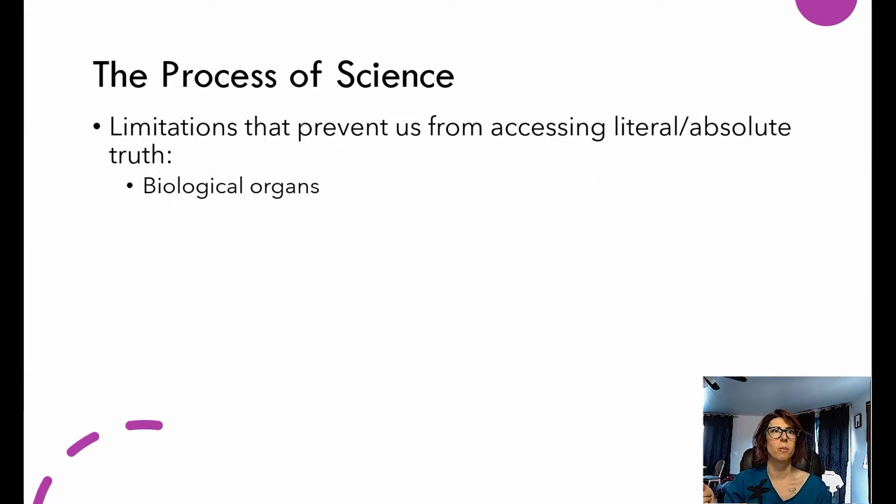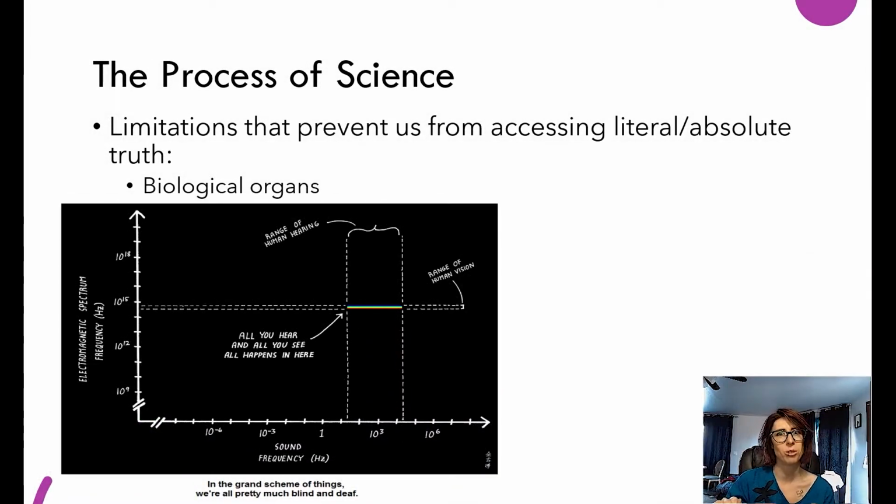So what are some limitations that prevent us from accessing literal or absolute truth? Well, the most obvious would be our biology. Our biological organs are very limited. For example, here's a graph of how much of the universe we can observe through sight and sound. On the vertical axis, the y-axis, this is the electromagnetic spectrum, the spectrum of light.